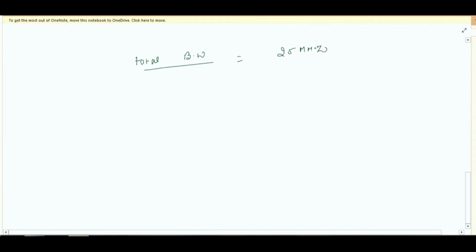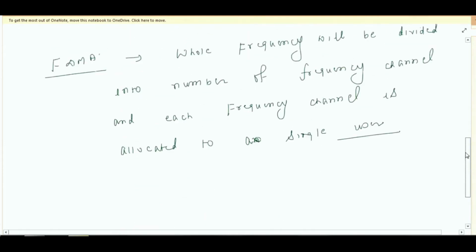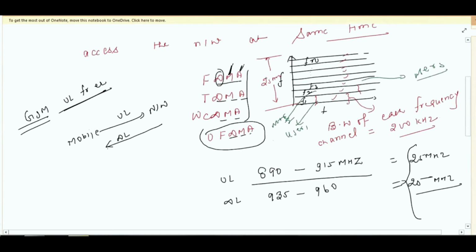25 megahertz in downlink. So I'm assuming that you're transmitting on the uplink frequency. Suppose this bandwidth is 890 to 915, for example. Each user needs one uplink frequency channel and one downlink frequency channel, because you cannot only transmit, you also have to receive the information.